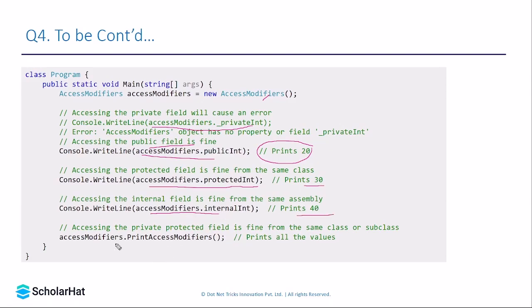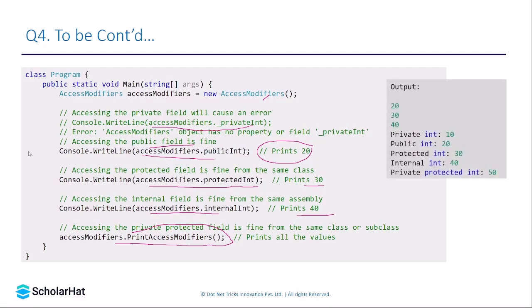And right now we are accessing the method print access modifier, and it will print all the values that we declared inside this method in the previous slide. So this is how access modifiers can be used in a C# program, which ones we can call outside the class file, and which ones we cannot. Now let's move to our next topic, that is its output.